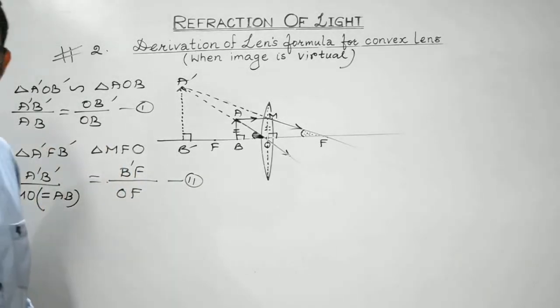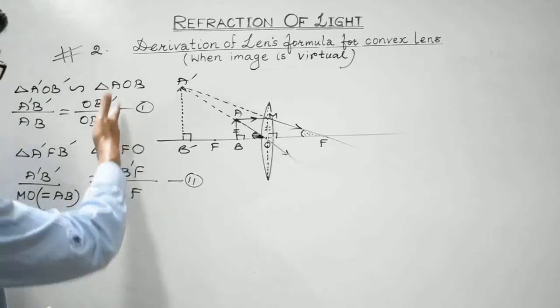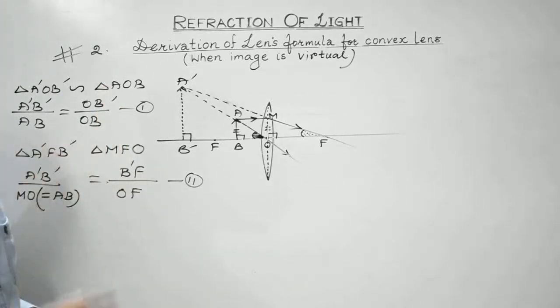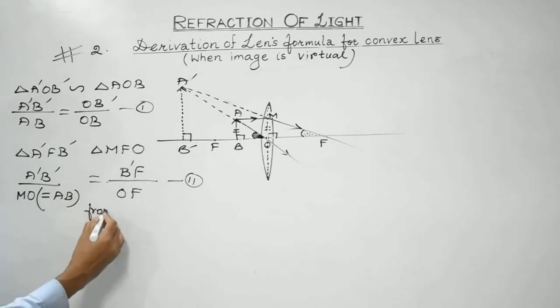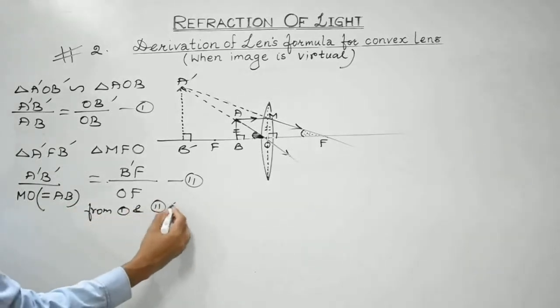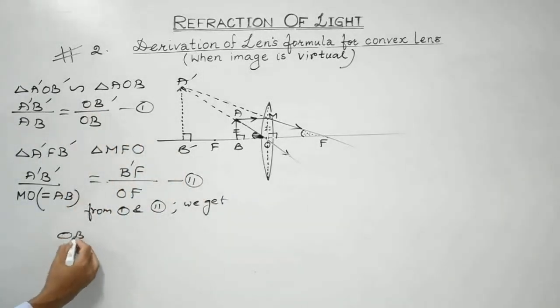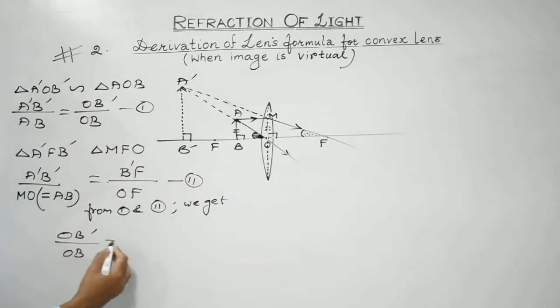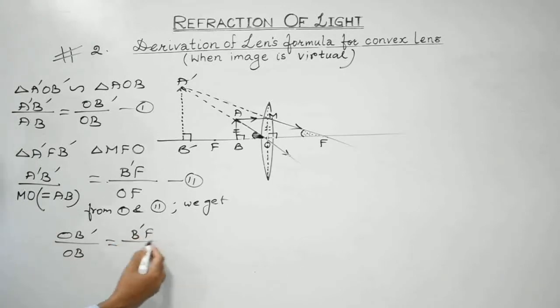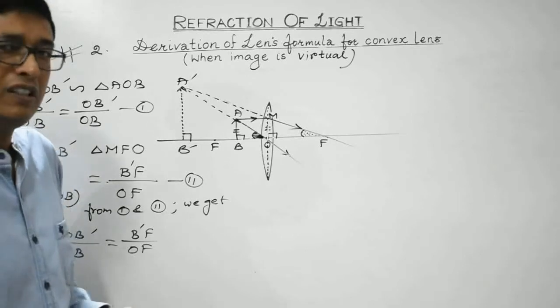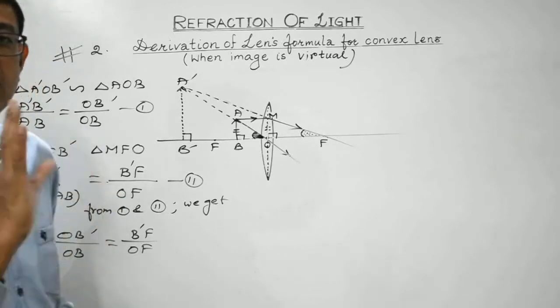Now students, what to do? We need to equate these two because left hand side of these two equations are equal. Therefore, from 1 and 2 we get OB dash divided by OB is equal to B dash F divided by OF. Now look, as per the Sign Convention, all the distances are to be measured from the optical center.